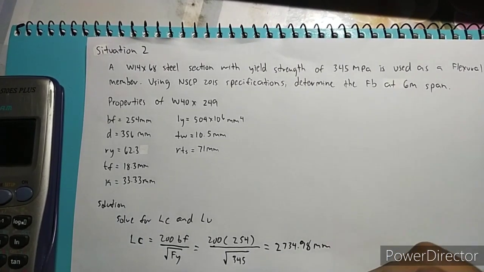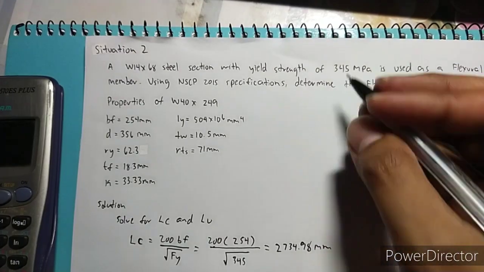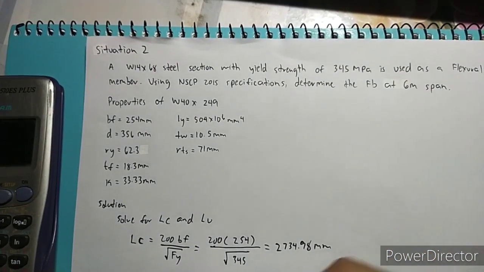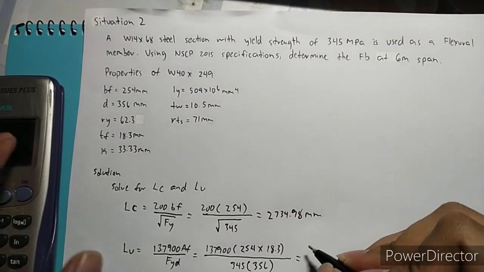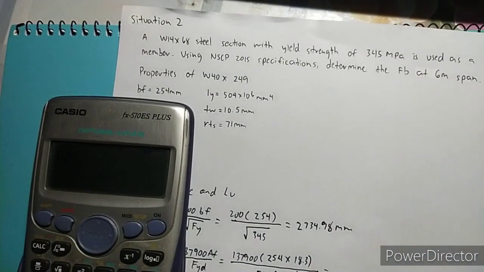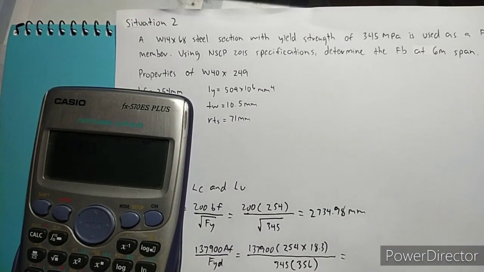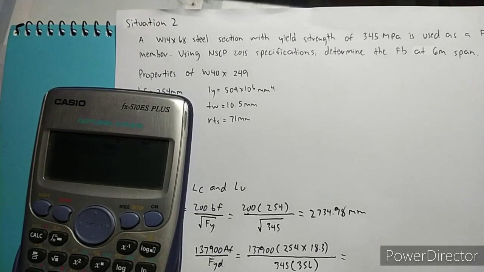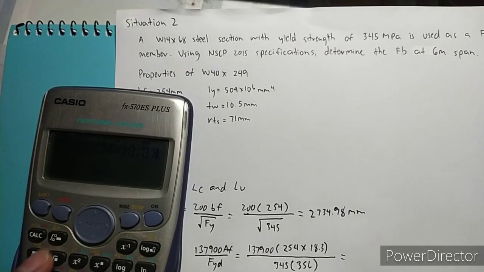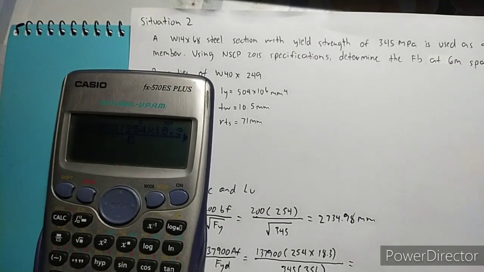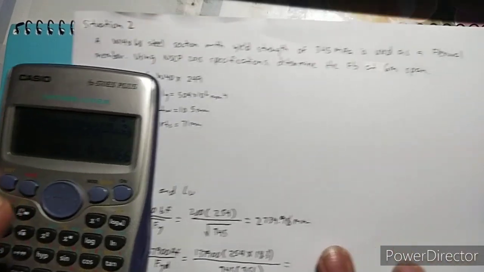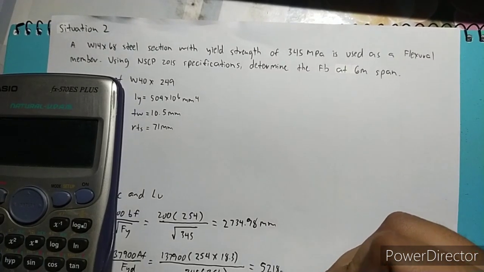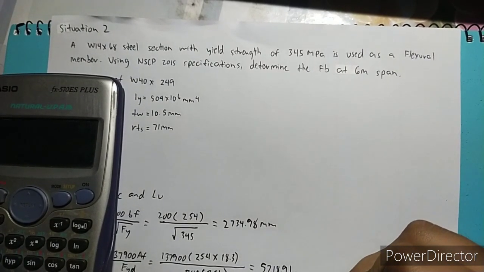So over FY multiply by D. Si FY is 345 as si D natin is 356. So equals 137,900 multiply by the area. Area ng flange is 254 multiply by 18.3. It's all over the FY D. 345 multiplied by 356 is equals to 5,218.91 mm.